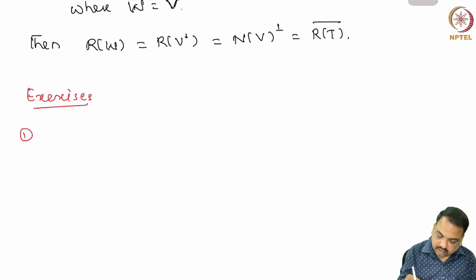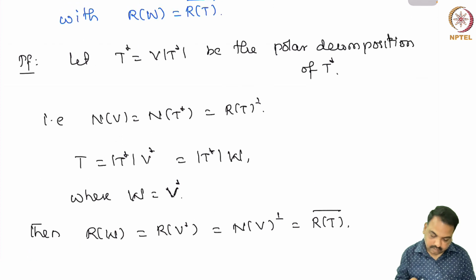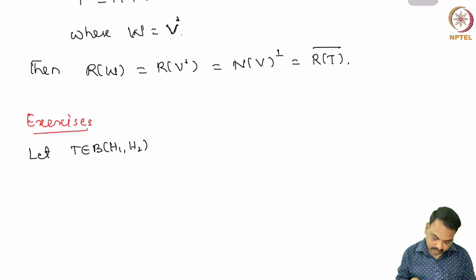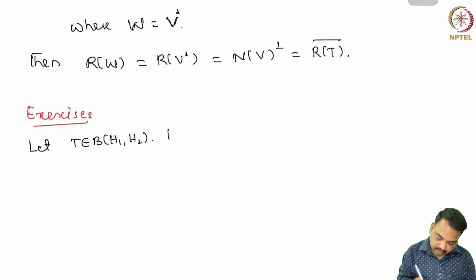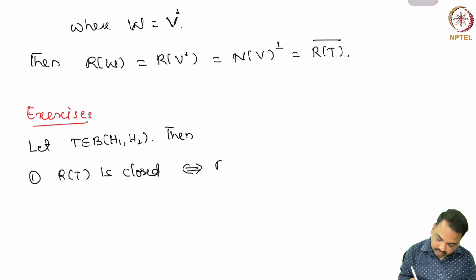Let us take a bounded operator T. Then we can show that range of T is closed if and only if range of |T| is closed.